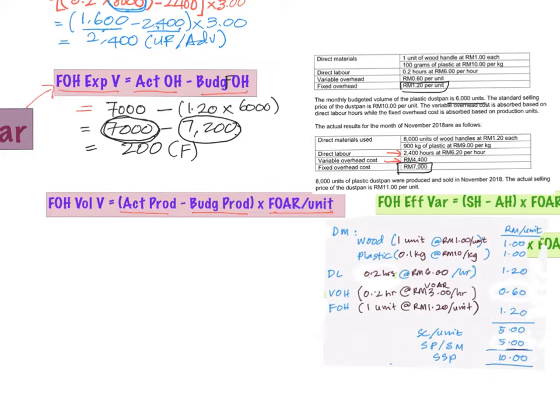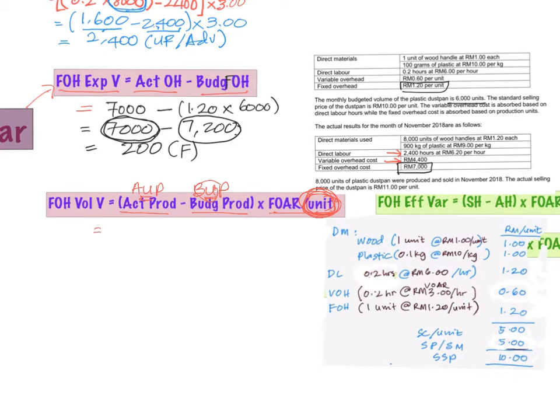Be careful, okay? When you're talking about units, here we are talking about actual units produced and budgeted units produced. Then the OAR that you are going to use here is also based on unit. Never mix hours with units here, so you are not going to get the correct answer.